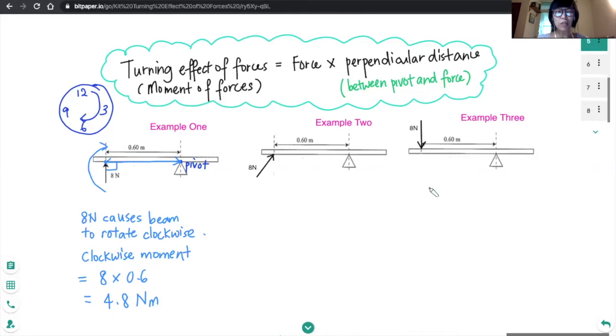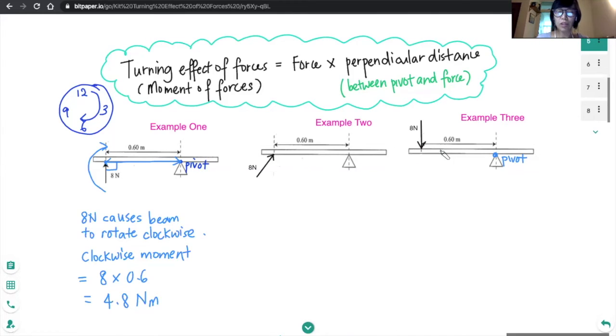All right, let's look at another example. So let's hop on to example 3 first. Example 3, similar diagram. We have a beam sitting on a pivot. So our pivot is still the same place. Well, the difference, if you notice, is my 8 Newton is pointing downwards. The force is downwards to the left of the pivot.